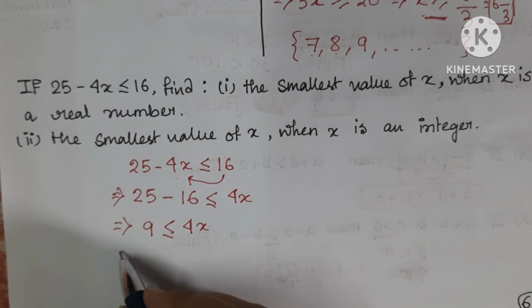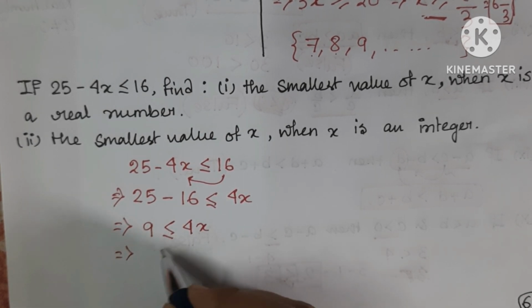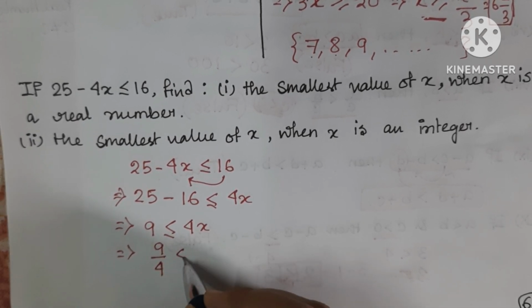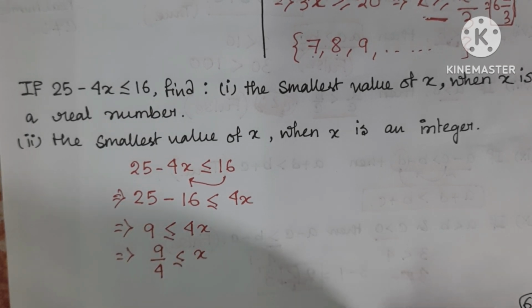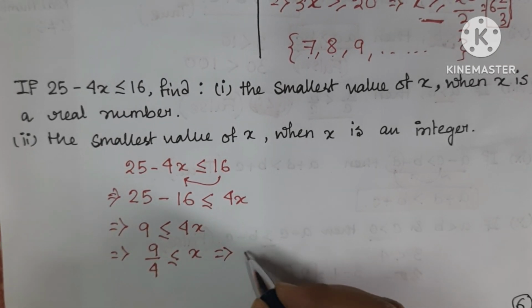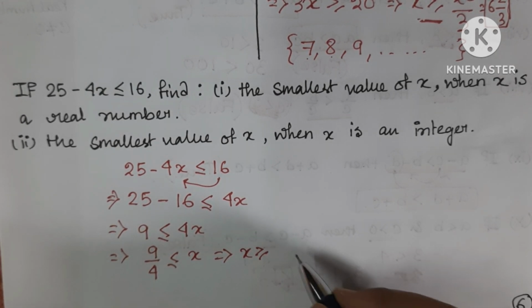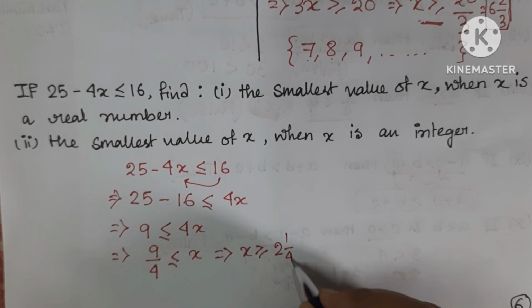Now you can do reverse cross multiplication: 9 by 4 is less than or equal to x. That means x is greater than or equal to 9 by 4, which means 2 and 1 by 4.